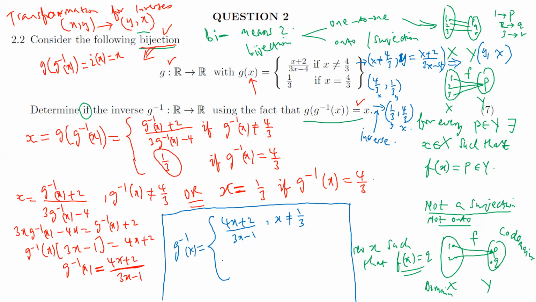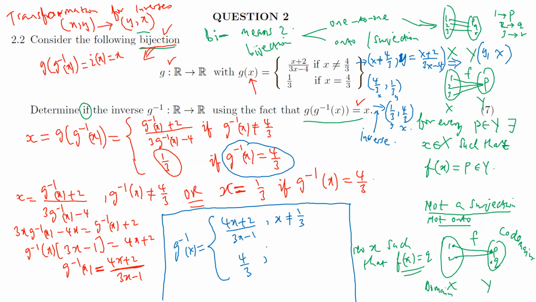Right. In the second case now, you have another G. Which means therefore that we agree that G inverse can be 4/3.